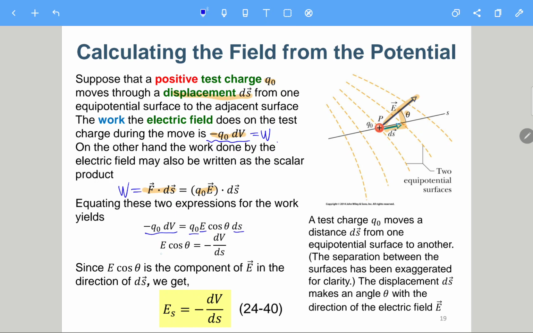So it turns out that E cosine theta equals minus dV over ds. If you project this E on the s-axis, then E_s will be E cosine theta.